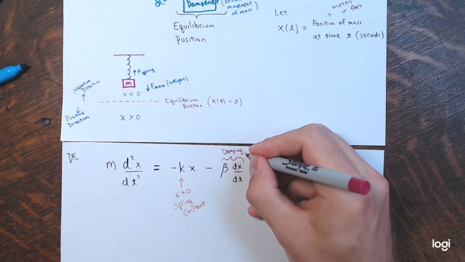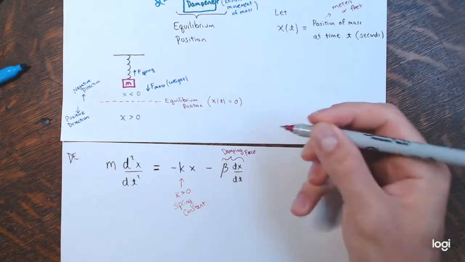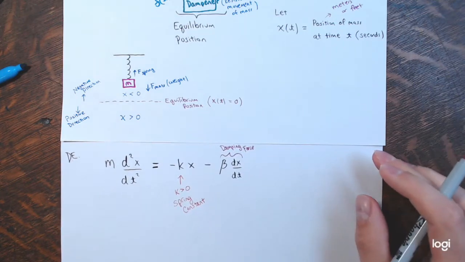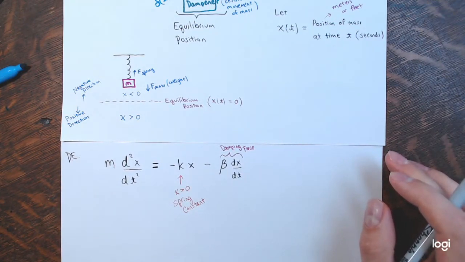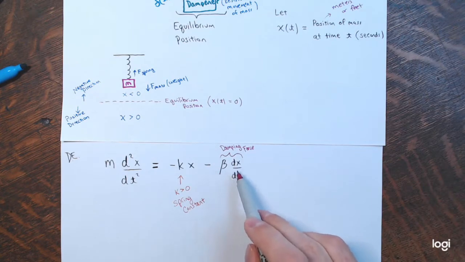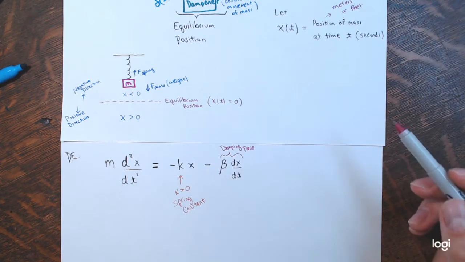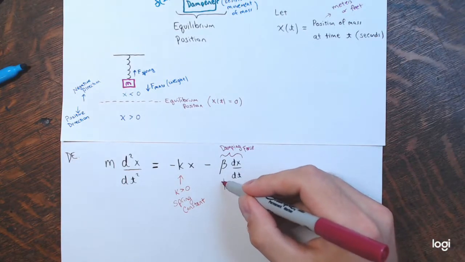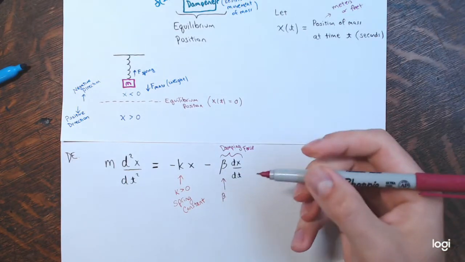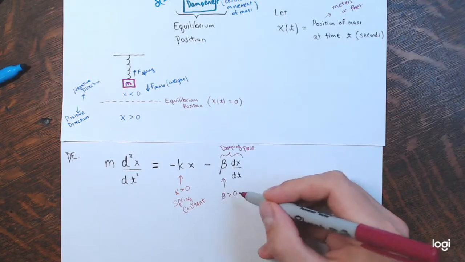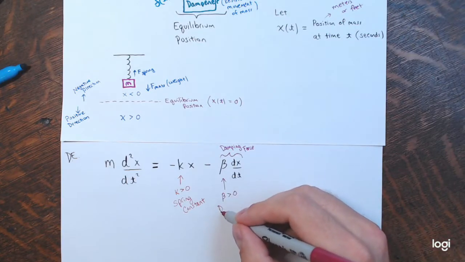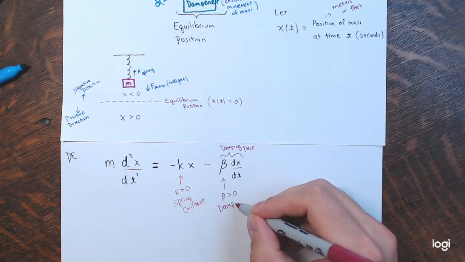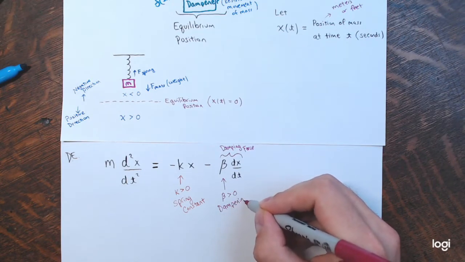You saw this in my last video, hopefully. And the damping force is proportional to the velocity of the object as it moves through that medium. And then beta itself, another positive constant, is called the damping constant.